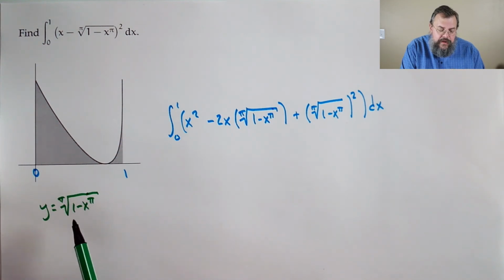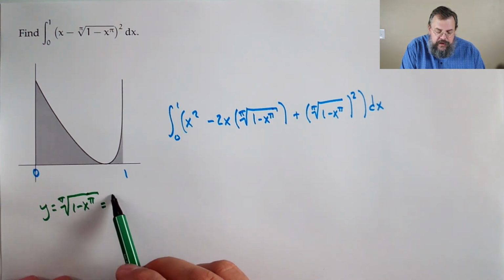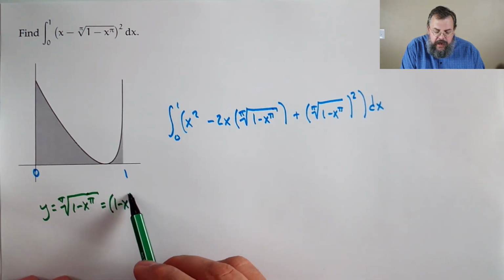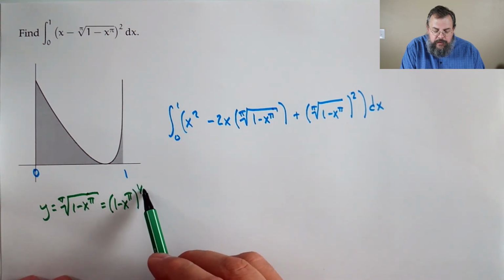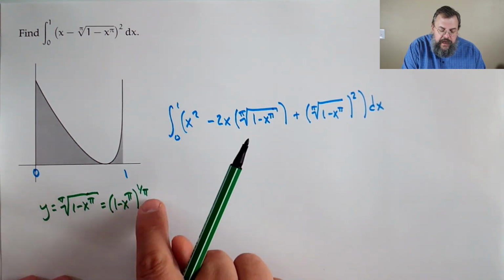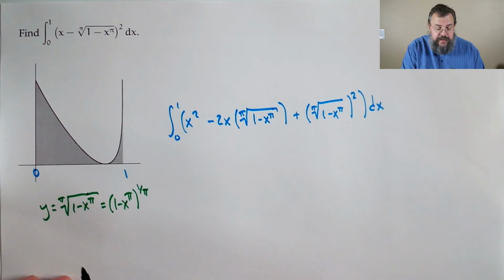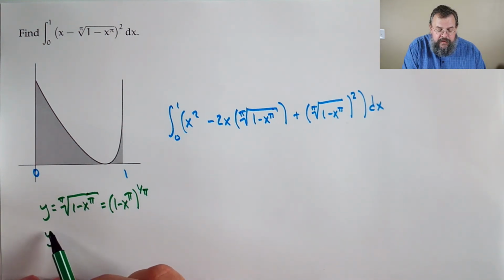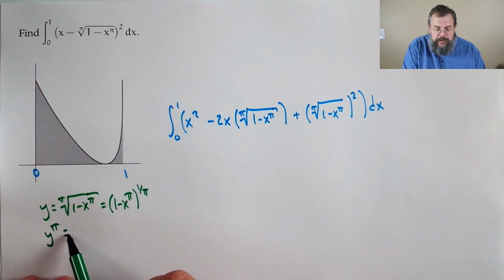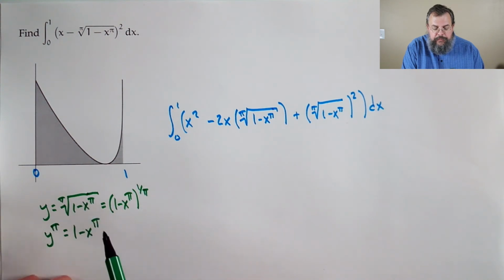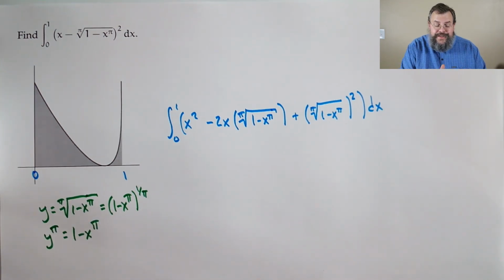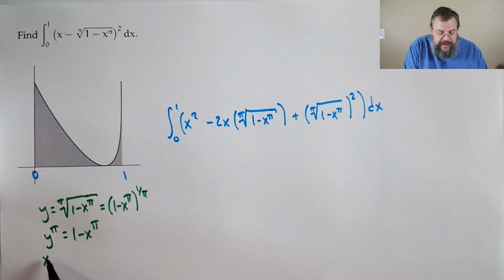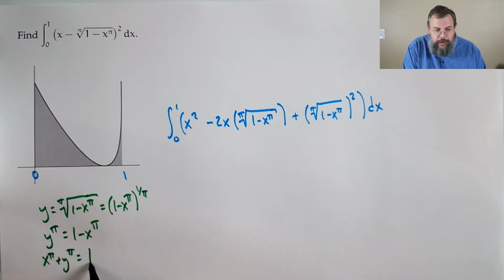When we say the pith root, that really means 1 minus x to the pi to the power 1 over pi. If I raise both sides to the pith power, that makes it y to the pi equals 1 minus x to the pi. Well, rearrange: x to the pi plus y to the pi equals 1.